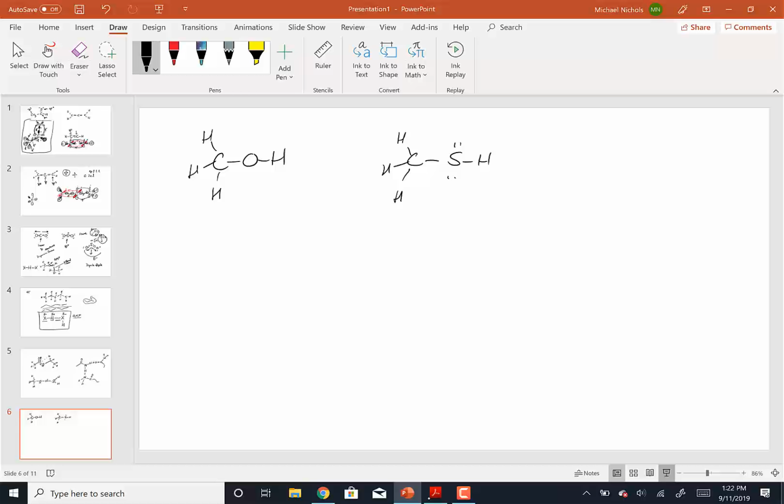But methane thiol is what skunks have, and if a skunk decides it's aggravated enough, you can smell the skunk for miles. The reason is methanol has a hydrogen bond and a very high boiling point. Methane thiol is a gas at room temperature because it only has dipole-dipole interactions and a low molecular weight. That's why it's a gas at room temperature.